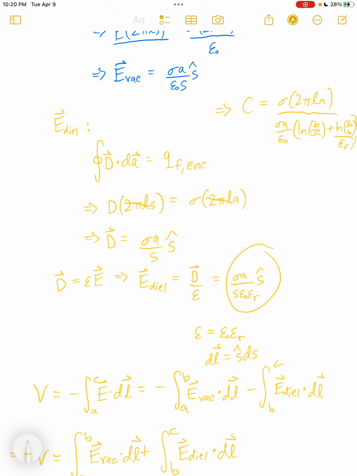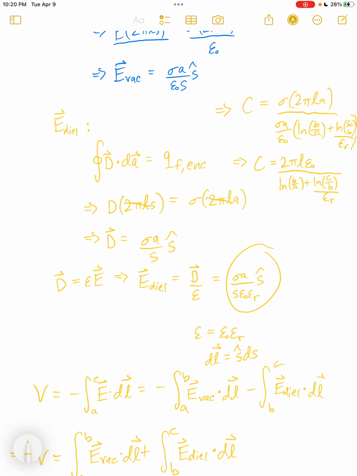I don't have a lot of room. Okay. Doing some cancellation, we get that the capacitance is equal to 2 pi L epsilon naught over ln of B over A plus ln of C over B over epsilon sub r.